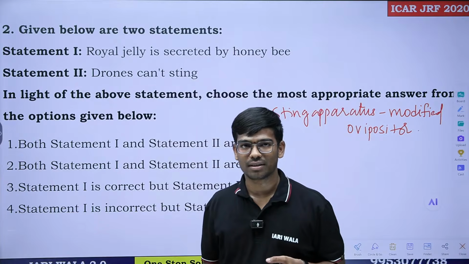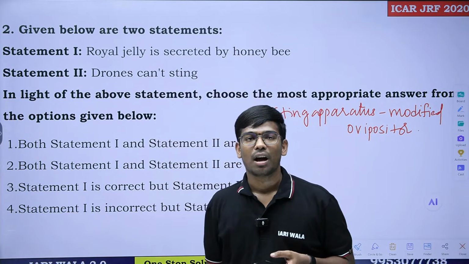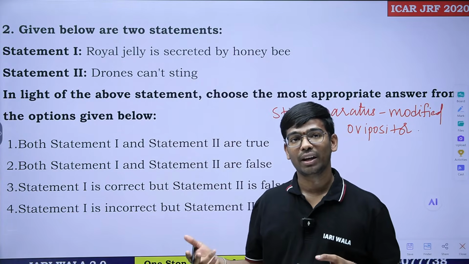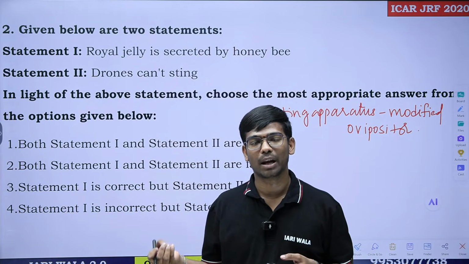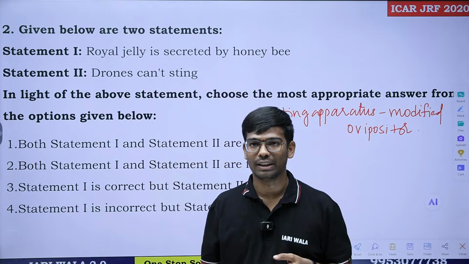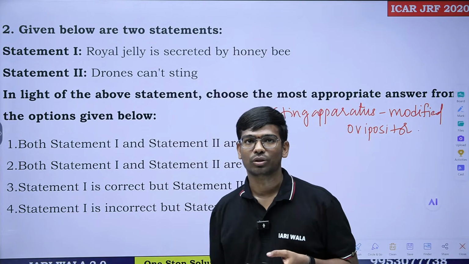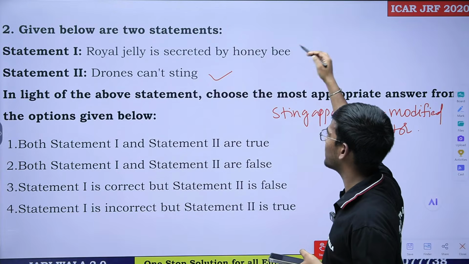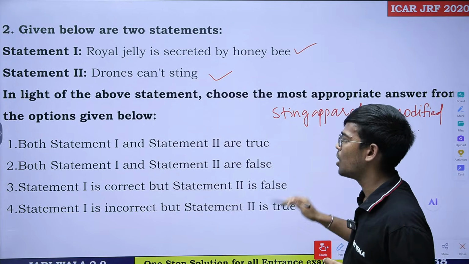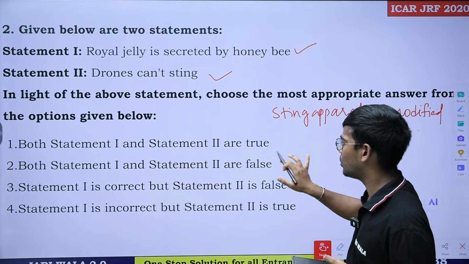In males, that is the drones, we can't see it. So in females, in the queen, it is used for oviposition, and in the worker bees, it is used for protection of the colony, that is defense purpose. So drones can't sting, that statement is true, and royal jelly is secreted by the honeybee, this statement is also true. So here both statements 1 and 2 are true.